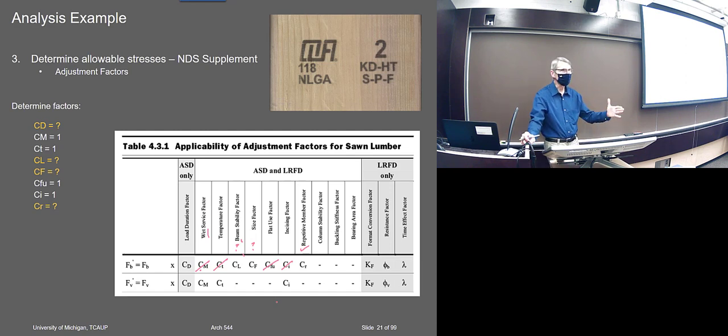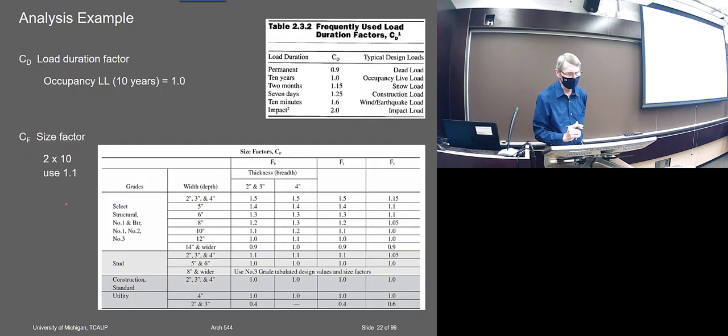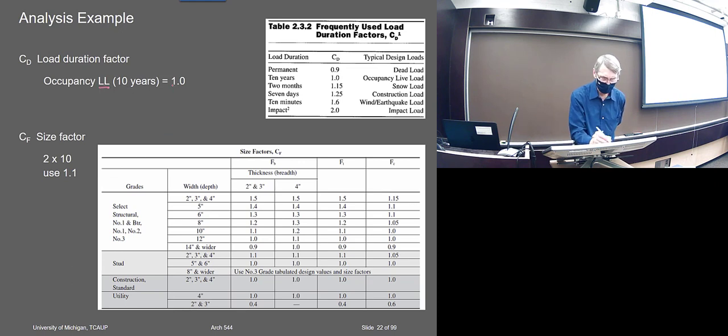They are, what was it, 16 inches on center. Okay, so I've got to find these values. So let's see. Oh, and the load duration, that was based on live load. Occupancy live load is that one, right? That's a live load. Okay, so that's that one.